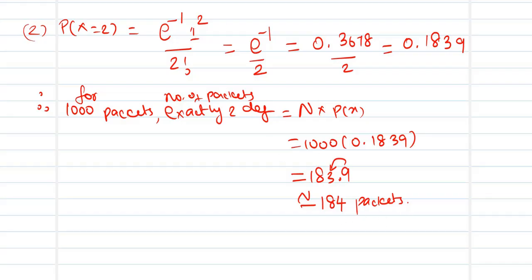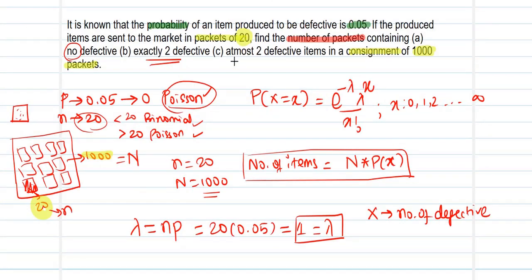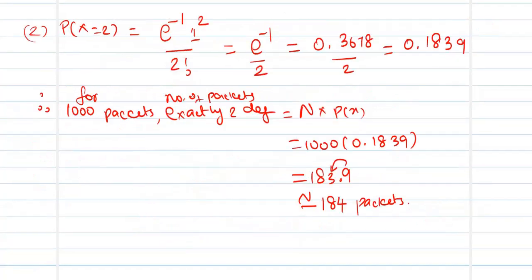Let us move on to the last subdivision. What was the last subdivision? You want at most 2 defective. So what is going to be at most 2 defective? This is nothing but the probability of at most, meaning maximum.